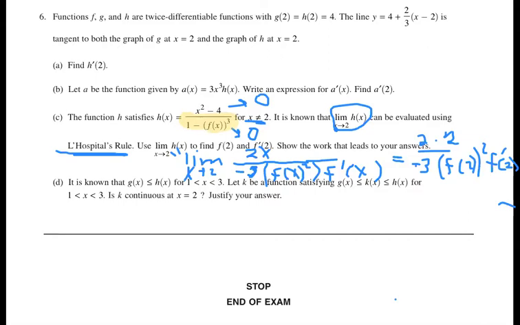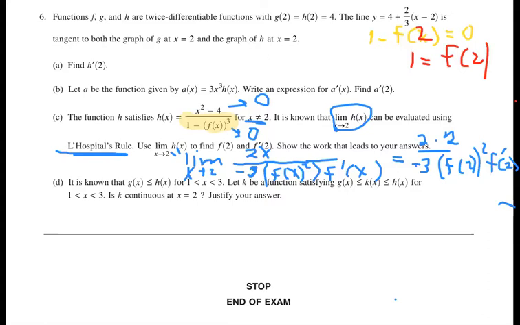So I can solve this for f of 2 by taking 1 minus f of x equals 0. That's actually when I plug in the 2, if you don't recall. That means that is f of 2. So if you add f of 2 over, you get that f of 2 is going to equal 1.